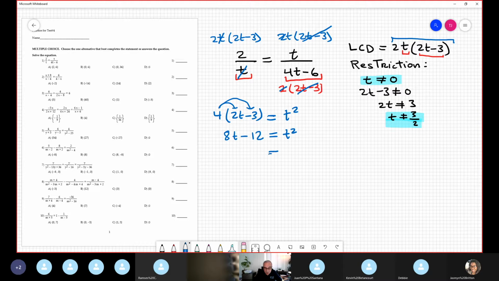When you solve a quadratic equation, you put it in standard form. So I propose in this case that I bring 8t and minus 12 to the right hand side, as minus 8t and plus 12. In the left hand side we have nothing, and nothing is 0. If you want, you interchange again: t squared minus 8t plus 12 equal to 0.